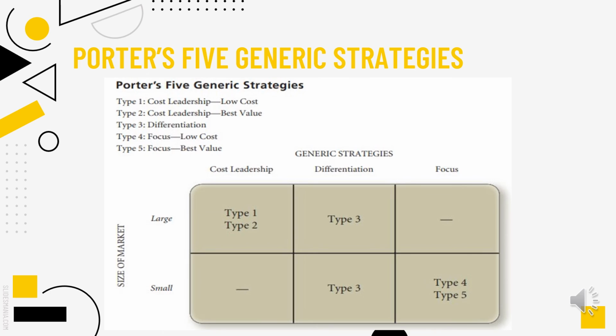However, it is not effective to pursue a cost leadership strategy in a small market because profit margins are generally too small. Likewise, it is not effective to pursue a focused strategy in a large market because economies of scale would generally favor a low-cost or best value cost leadership strategy to gain or sustain competitive advantage.